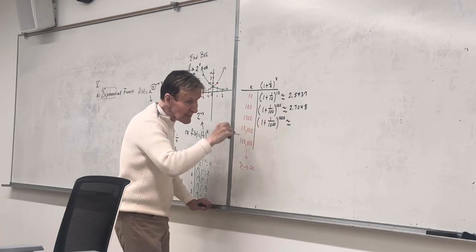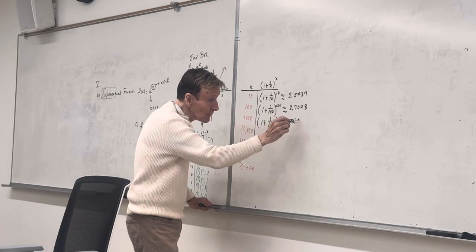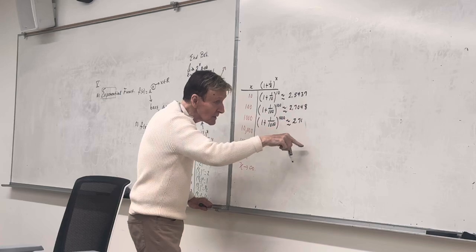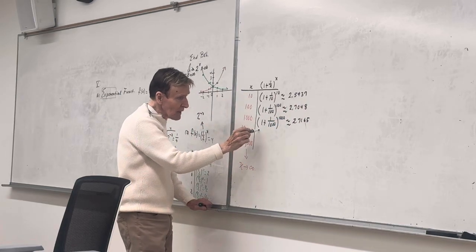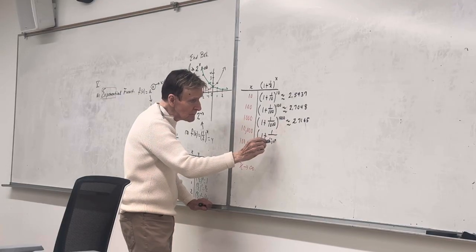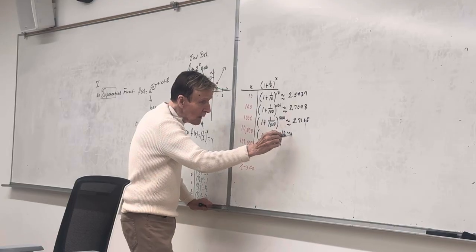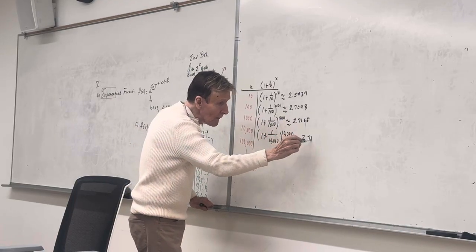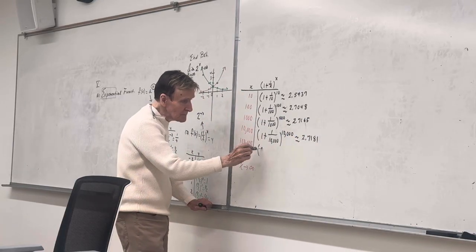Tell me what that's close to. 2.7169. 2.7145? 169. 165. Yeah. Okay, I'm gonna try 10,000. Big numbers being raised to big numbers. What's that? 2.7181. Try 100,000.